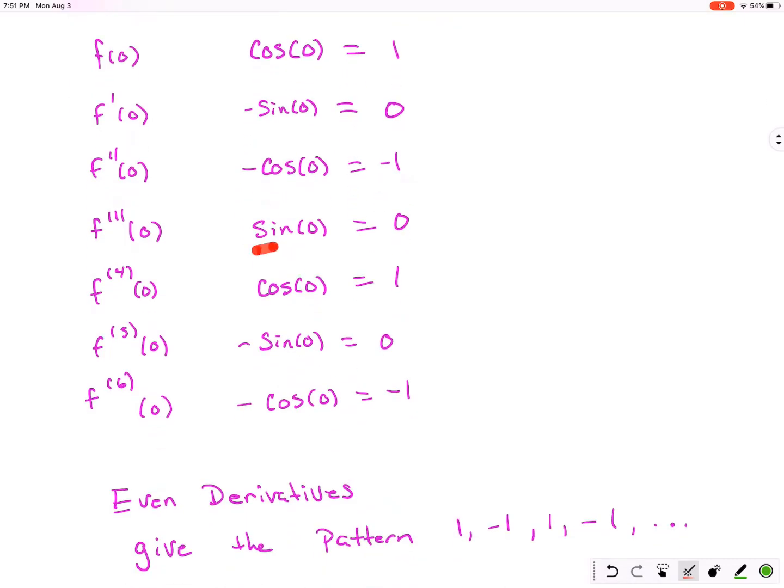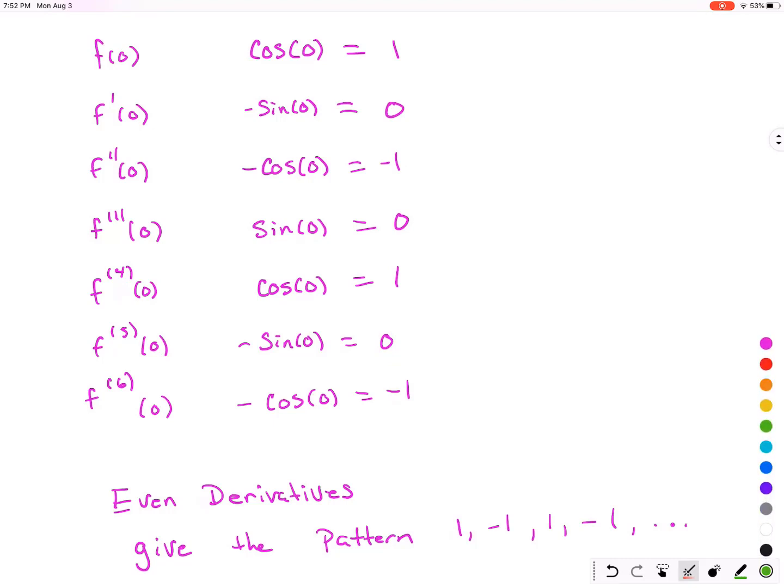Third derivative is sine, evaluated at 0 is 0. Fourth derivative is cosine, evaluated at 0 is 1. Fifth derivative, minus sine, evaluated at 0 is 0. Sixth derivative, minus cosine, evaluated is negative 1.